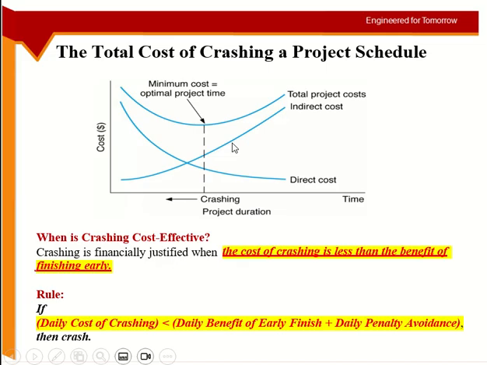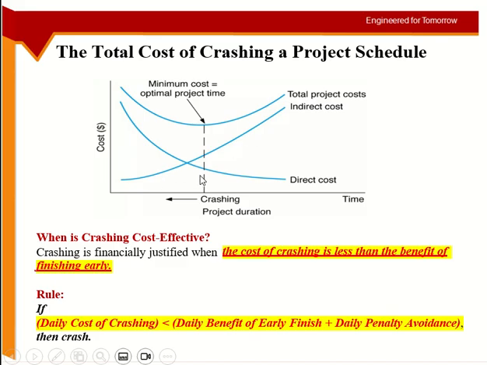reduces because it is divided. You are doing more work in the same amount of time, so you will divide it more. For example, the indirect cost was divided upon 4 labor which were working on the site. Now you increase the labor on the site, so you will divide the same indirect cost over extra labor, so it is decreasing.